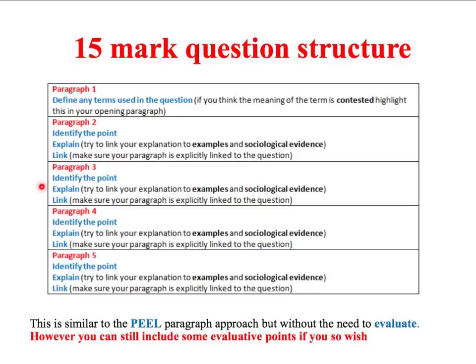And for each paragraph that you write, you need to clearly identify a point, explain that point in a bit more detail, and try to link your explanation to relevant examples or sociological evidence, so for example a key writer or study, and obviously make sure that each point is clearly linked to the concept or theory that's mentioned in the question. So that's the pattern that you need to follow for this particular part of the exam.